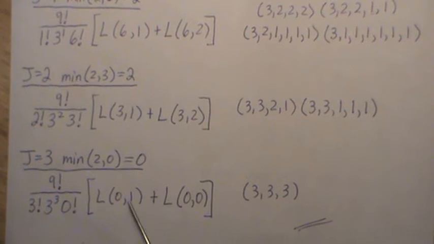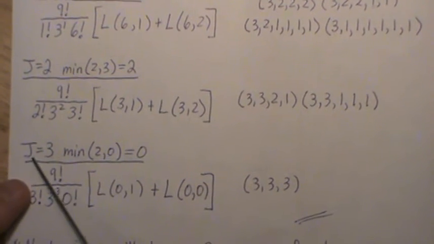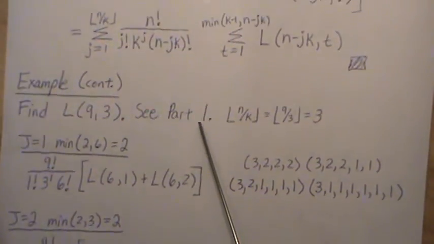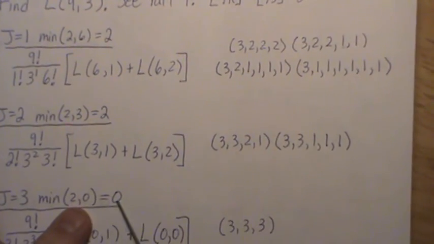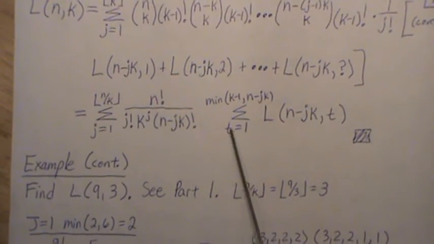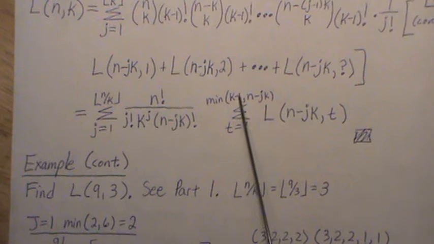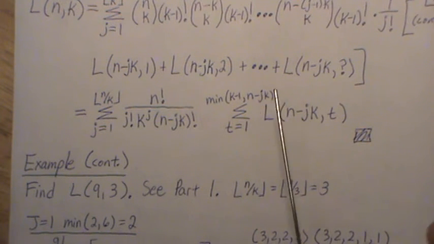Now it's this case, and this is actually why I did this example: J equals 3, the minimum, according to this formula, is 0. But so we go from 1 to 0. Now, some programs would just say, hey, that means you do one iteration and you stop.